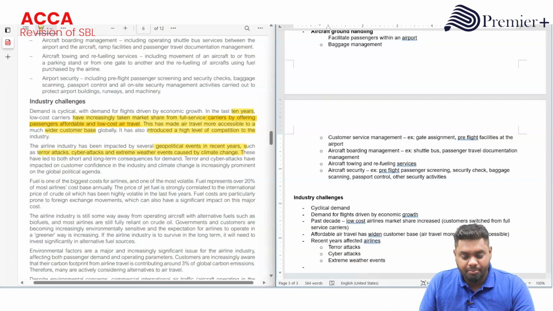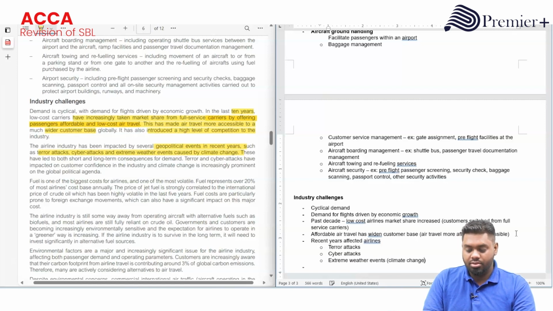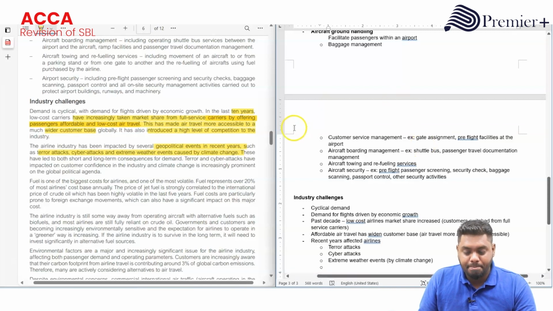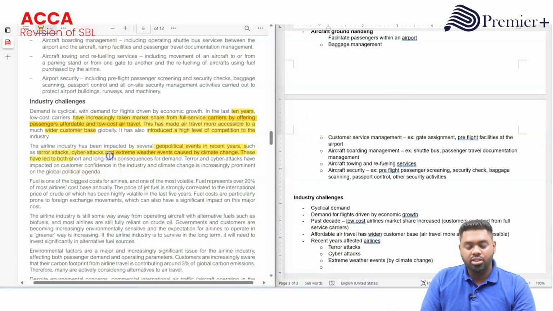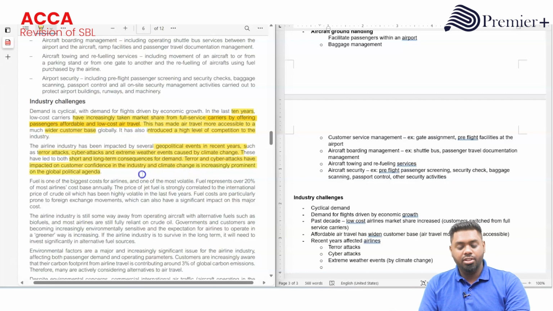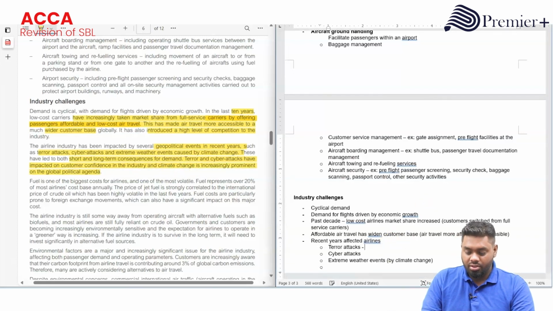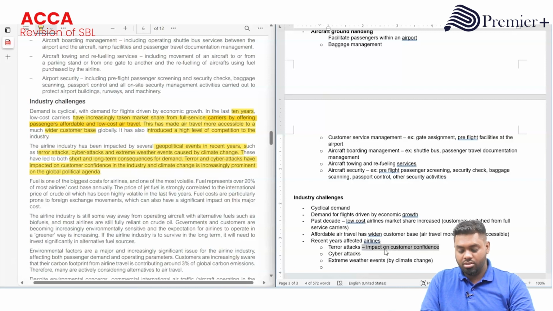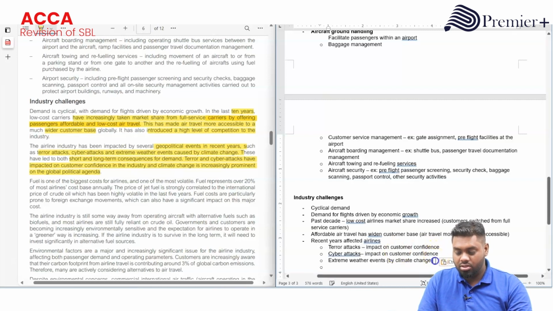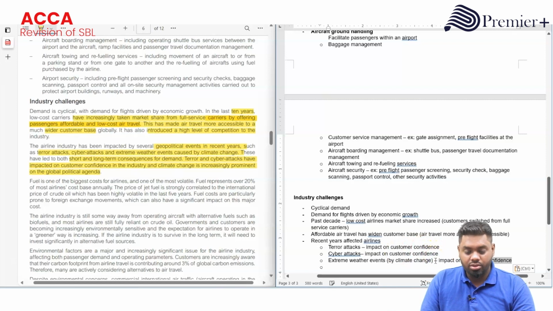These have led to both short-term and long-term consequences for demand. Terror and cyber attacks have impacted customer confidence in the industry, and climate change is increasingly prominent on the global political agenda.